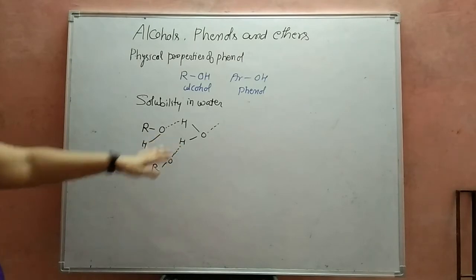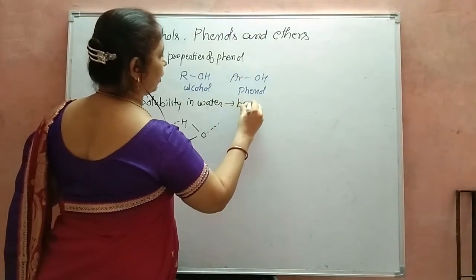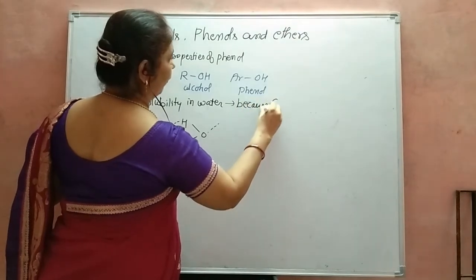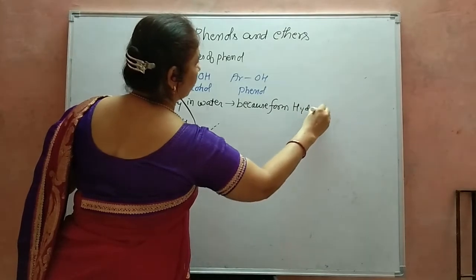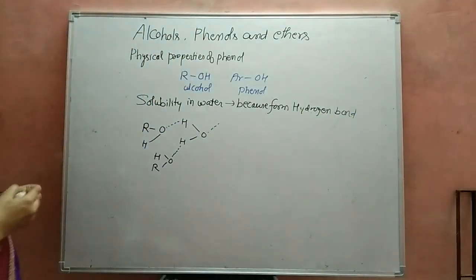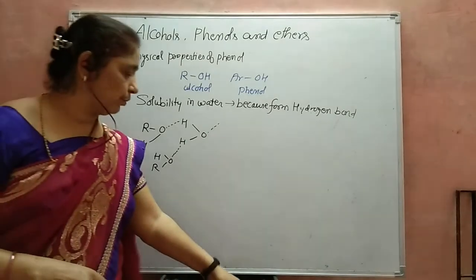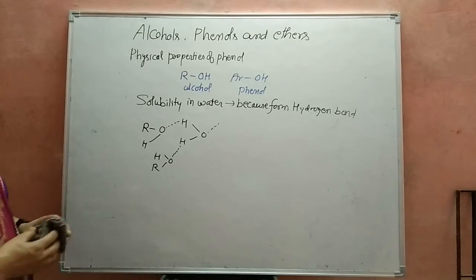Same case, phenol also forms the hydrogen bond. Why are they soluble in water? Because they form hydrogen bonds. ये हाइड्रोजन बॉन्ड बनाते हैं, that's why they are soluble. Because those substances which form the hydrogen bond with water molecule, they are soluble in water.